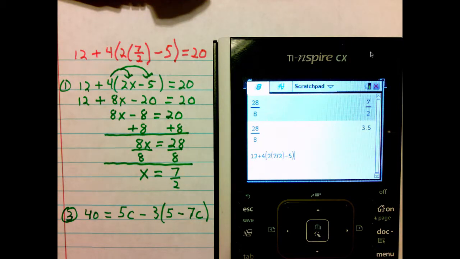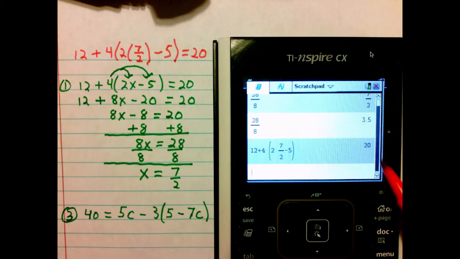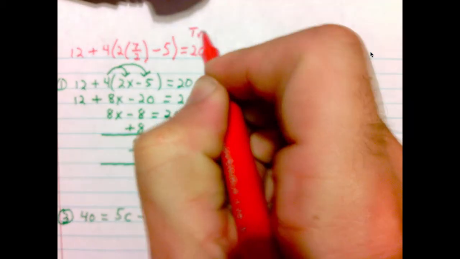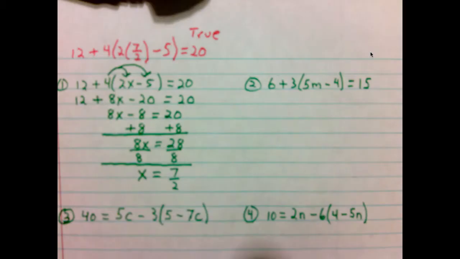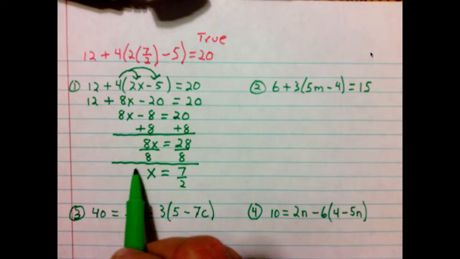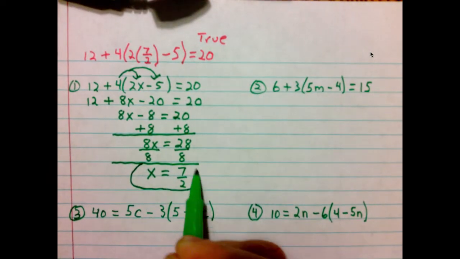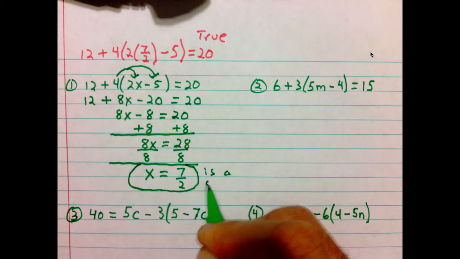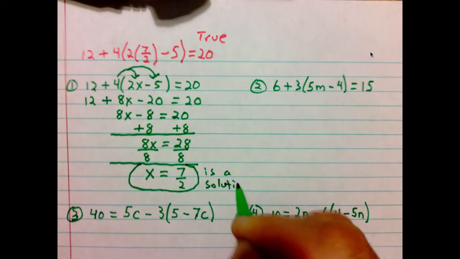And hopefully this will be 20. And it is. So, this statement is true. So that allows us to conclude that x equals 7 over 2 is a solution.